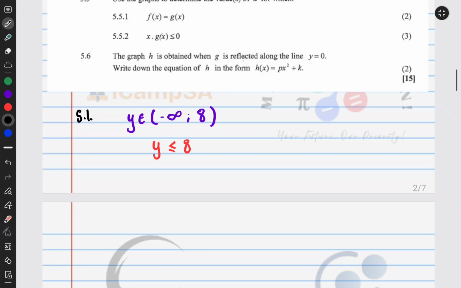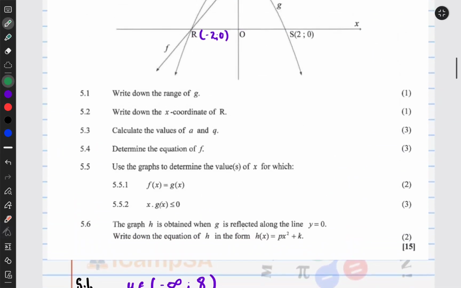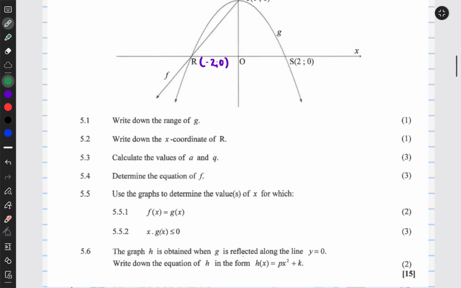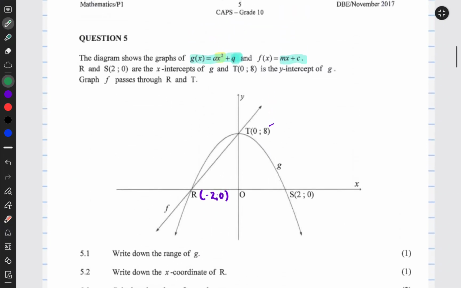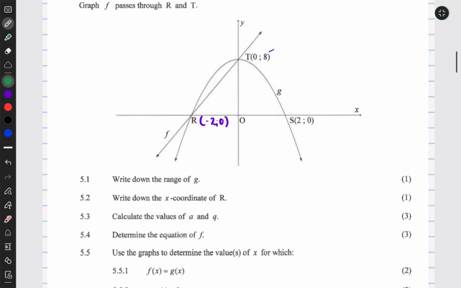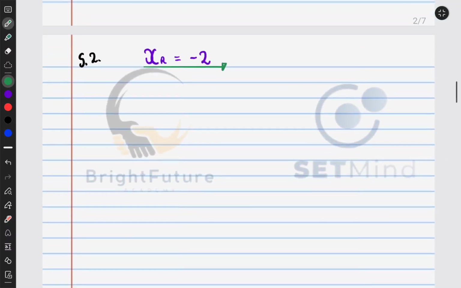So 5.2, the x-coordinate of R is going to be -2. Okay, 5.3, calculate the values of a and q. We've already determined that q is 8, so we can start with that.